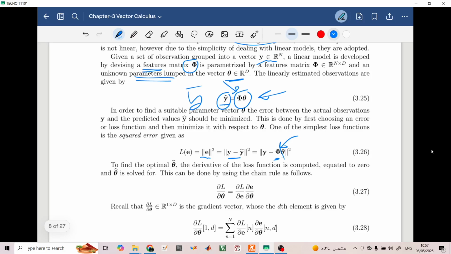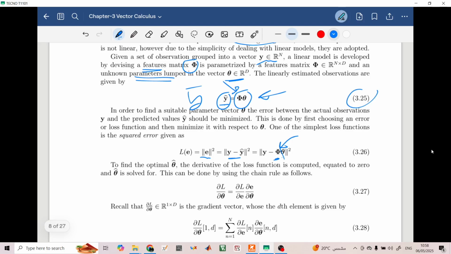Okay, so now we're talking about a minimization problem, or as we shall see later on inshallah, an optimization problem. Again we want to find theta, the vector of unknown parameters, such that the error between the actual data that we get and the assumed model, which is y hat in equation 3.25, is minimized.